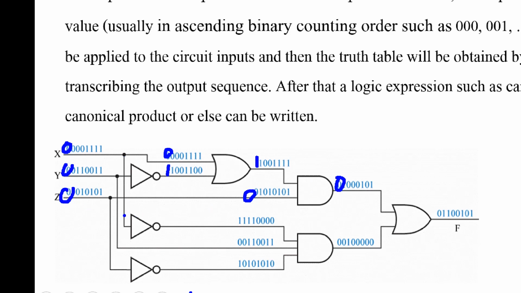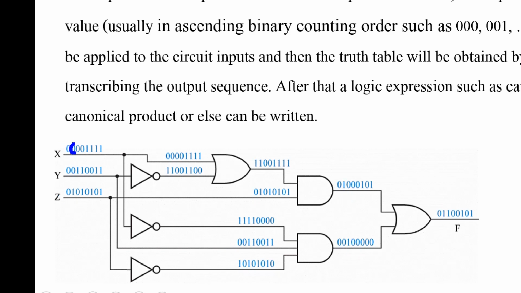After that, for this inverter, it is 1 at here, 0 at here, 0 inverted is 1 at here, and together the result is 0. For input 0, 0, 0.